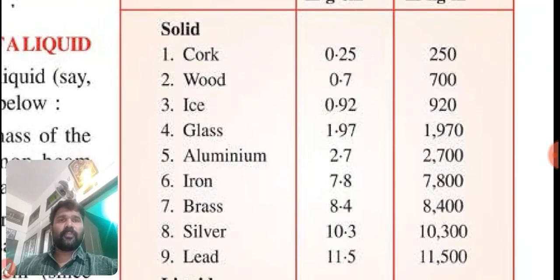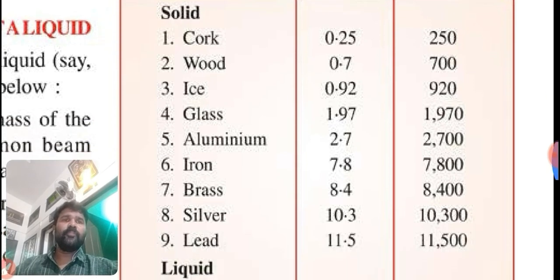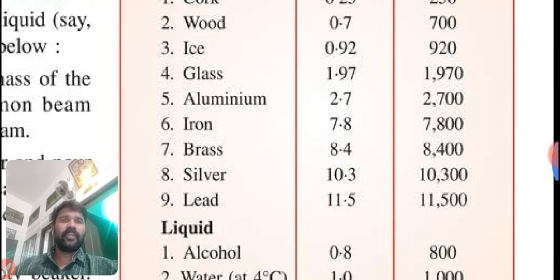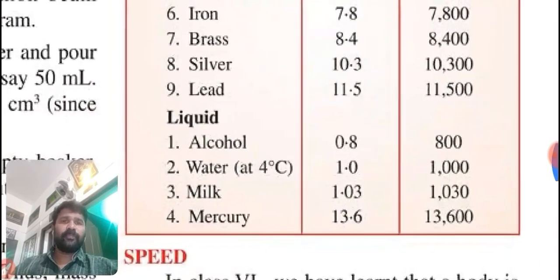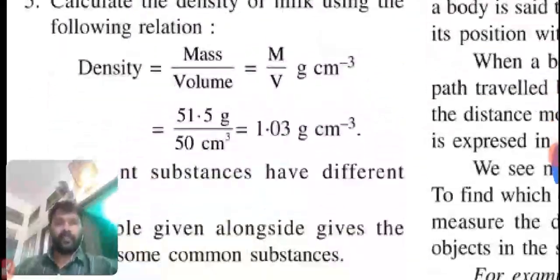In solid substances, coke is 0.25 gram per centimeter cube, in kilogram per meter cube that is 250. Aluminum is 2.7 and 2700, then iron 7.8 and 7800, like that. Each and every substance has its own density.